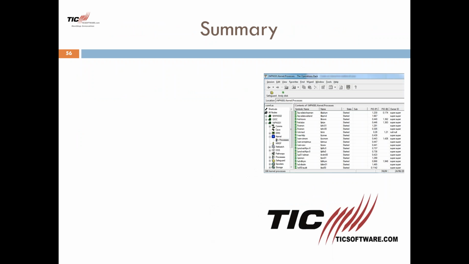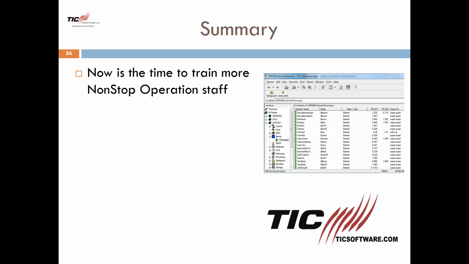Okay, so what have we talked about so far? We talked about there's a need to start making sure there are enough people trained to continue to support nonstop. Operation support is very critical because you can have the best application, best platform in the world, but if you do not have people running to keep the lights on, you're gonna have a problem, right? So how do you get more people trained?